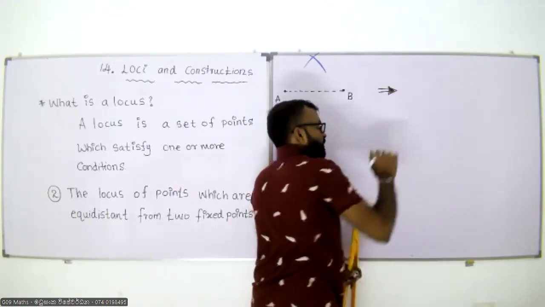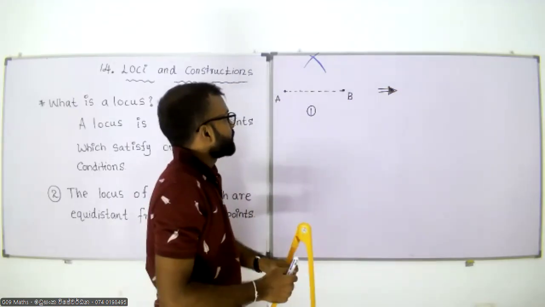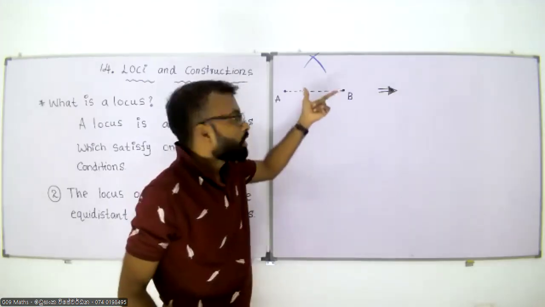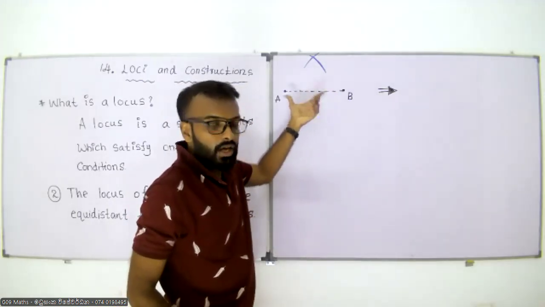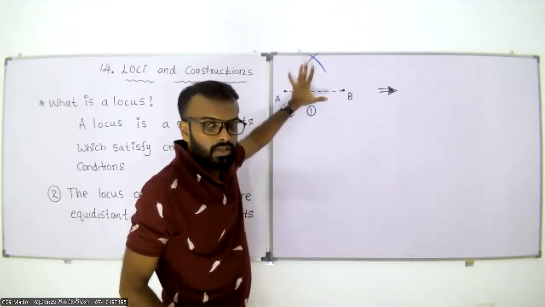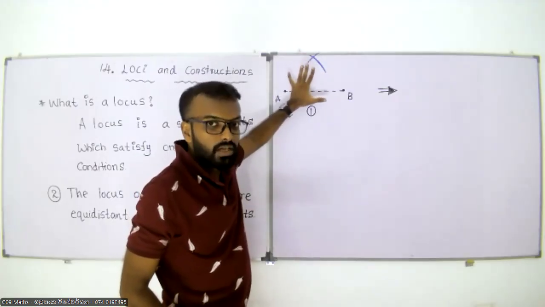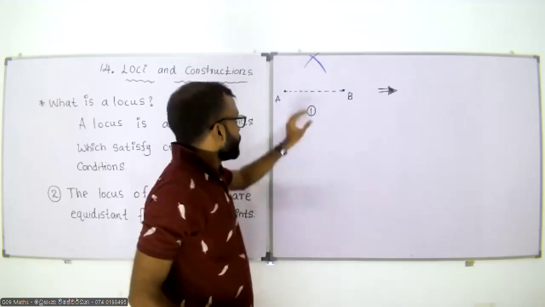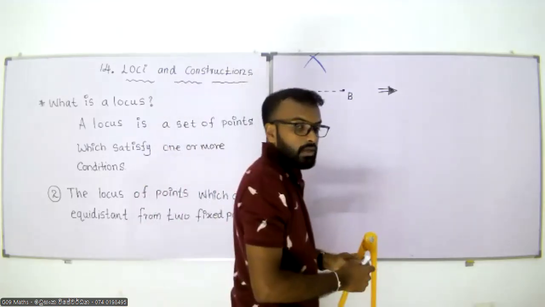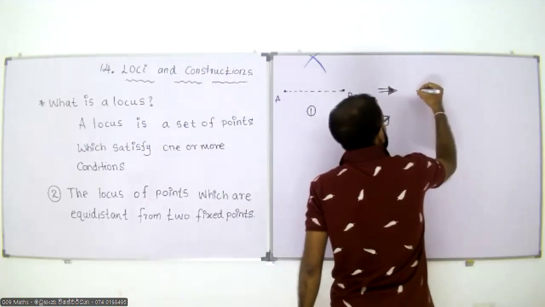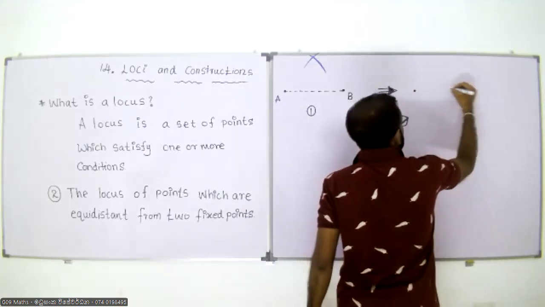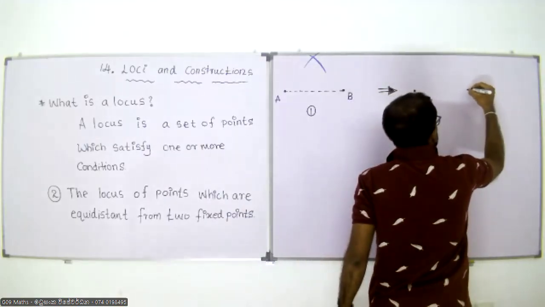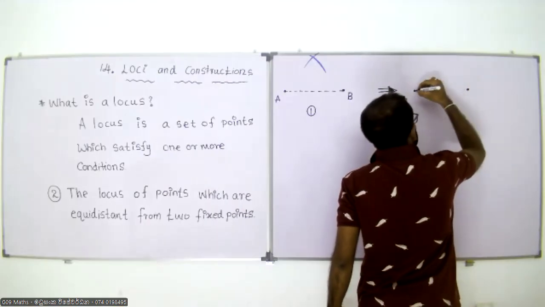Now we are going to move on. It would be better if you can draw the same along with me. I'm going to do the same construction step by step so that you can understand what we are going to do here. First, draw the same two points, A and B. We are going to practice this.